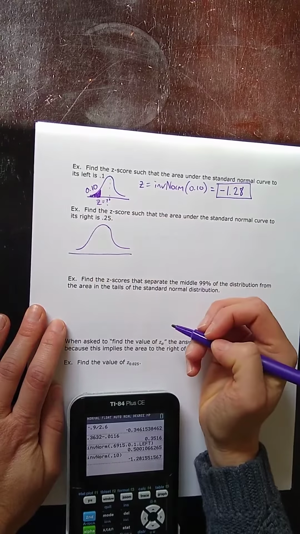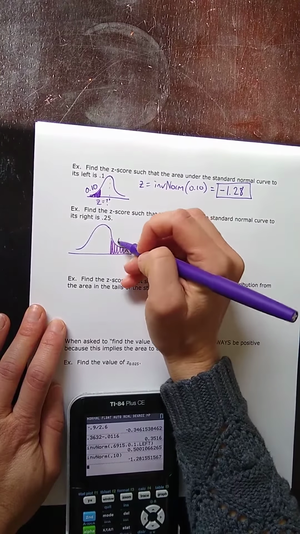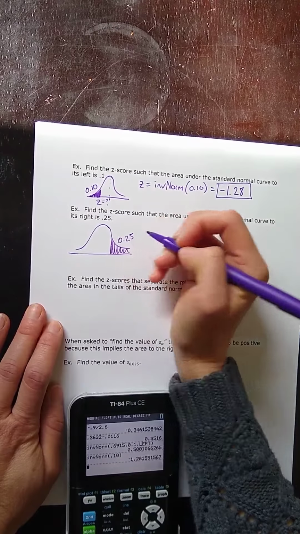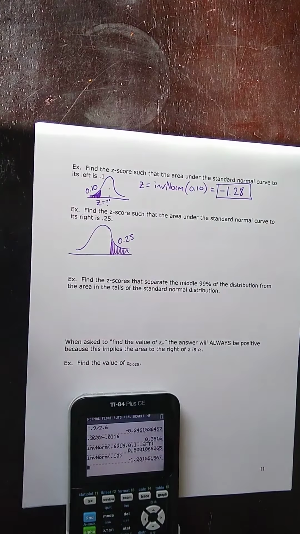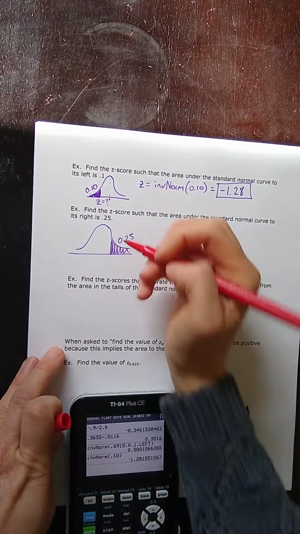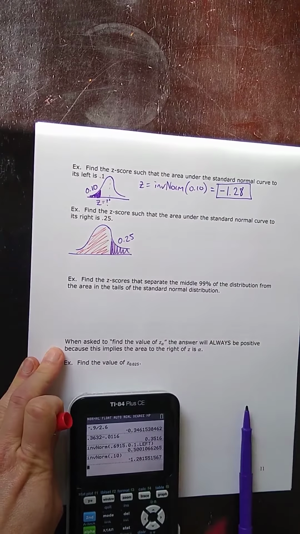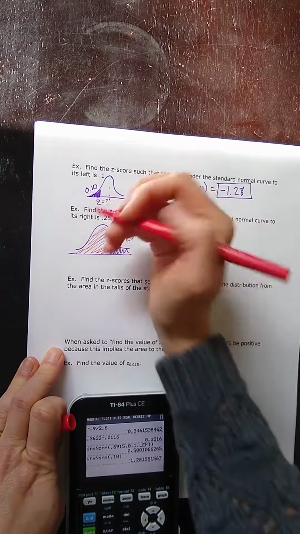So this time the area is to the right, and it's a little bit bigger area. So the area is 0.25. So now, might want to use a different color. How much area is this? Well, the area has to add up to 1. So if that's 0.25, this is 0.75.